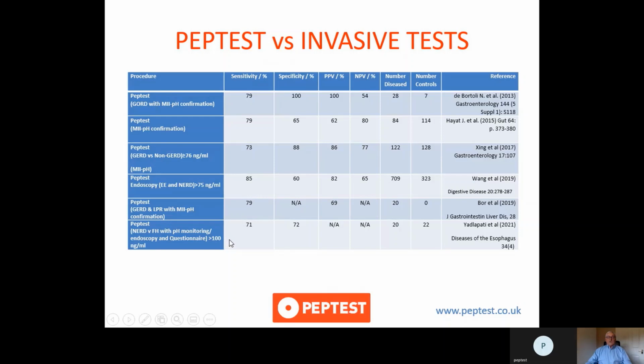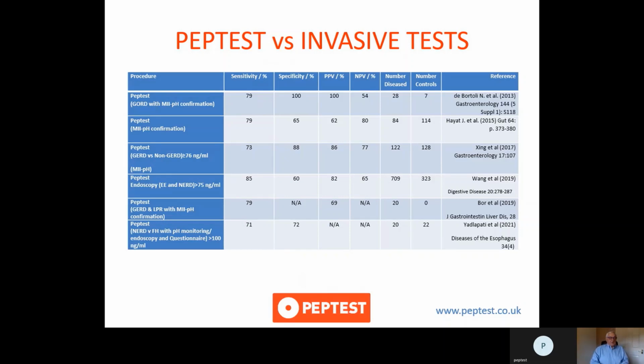As you can see, these tests are done throughout the world: Italy, UK, China, Turkey, America. We normally find that the sensitivity and specificity of PEPTEST is in the 70s and 80% margin, and it compares very well against these more invasive tests.